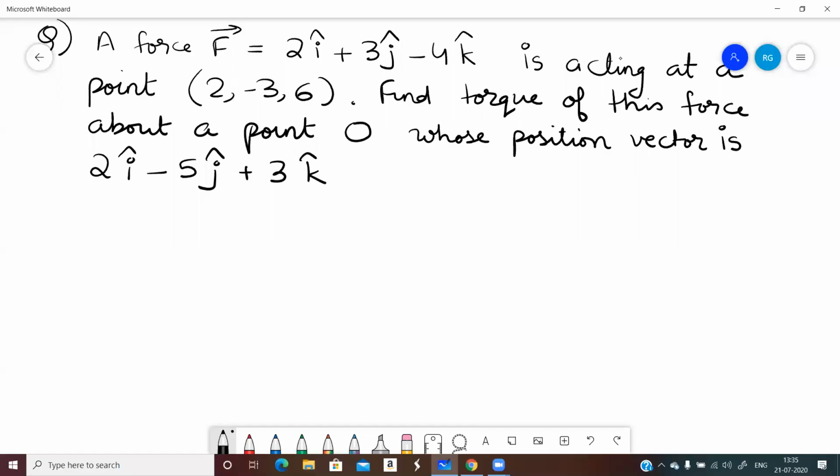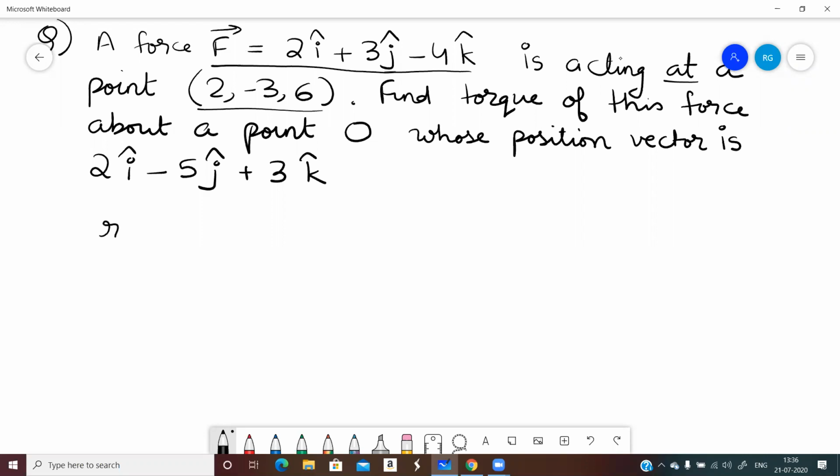So this is another question. It states that a force F is equal to 2i cap plus 3j cap minus 4k cap is acting at the point, so here we get the point (2, -3, 6).